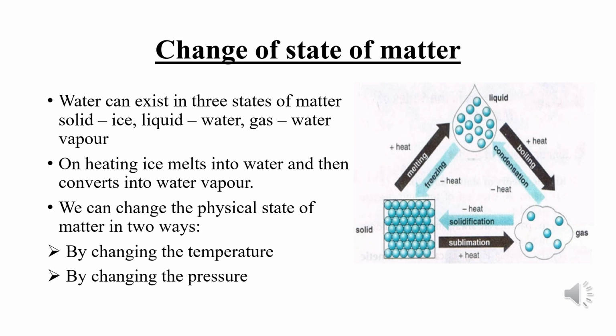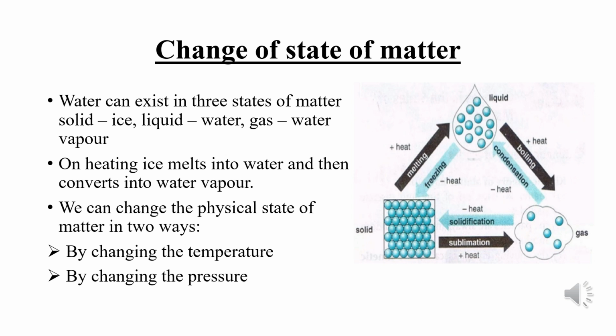Okay, we all know that matter is made up of particles, and size of the particles is very, very small. This we have already done in our first lecture. Now when we are talking about the changing temperature and changing pressure, then we need to understand three important things that we will be doing in detail in our upcoming slides. Now we need to understand the spaces between the particles of matter, the force of attraction between the particles of matter, and the kinetic energy of the particles of matter.